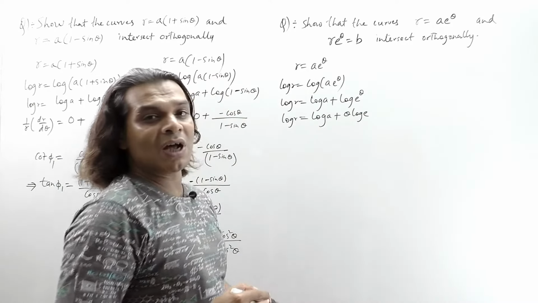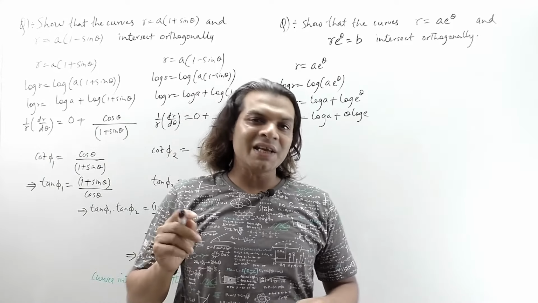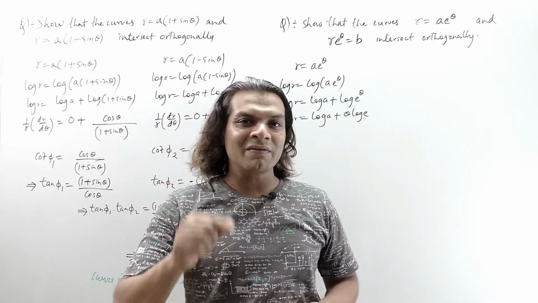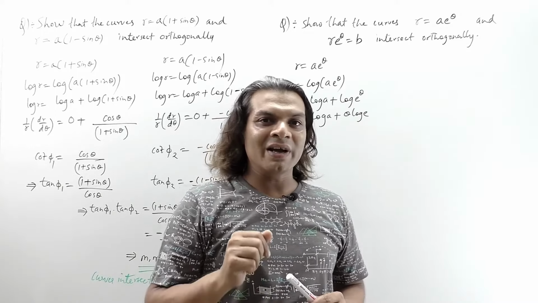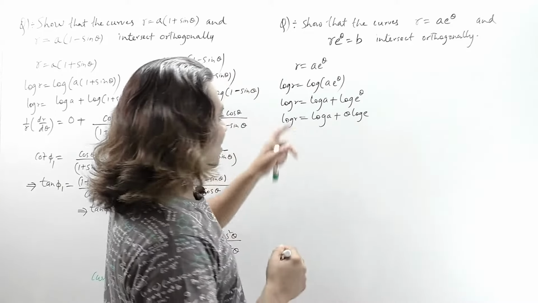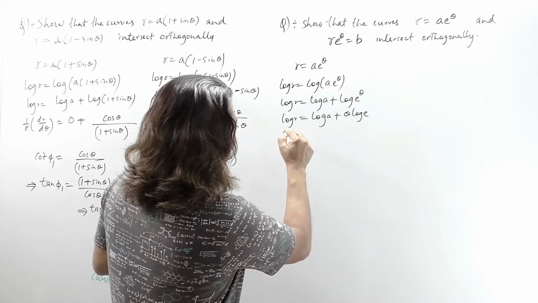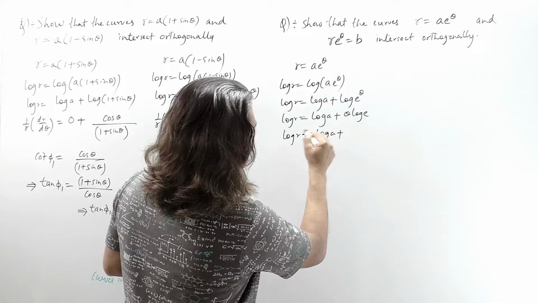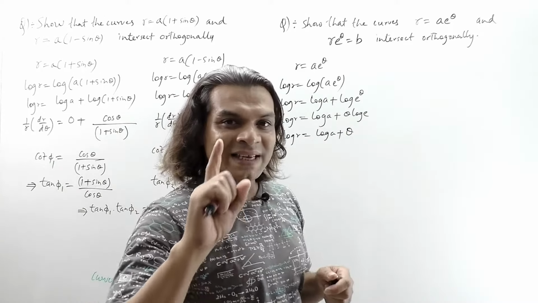Recall the log formulas: log a raised to k is k log a. Now, what is log e? Log e is always 1. So, log of r is equal to log of a plus theta, because log e is always 1.